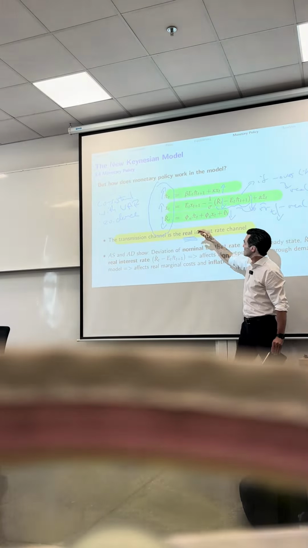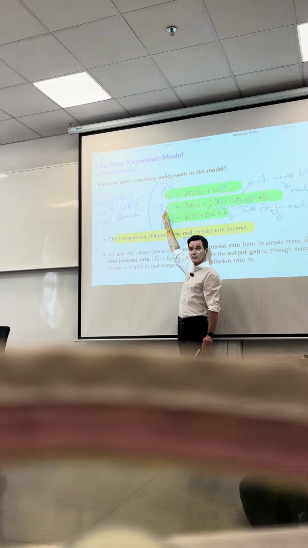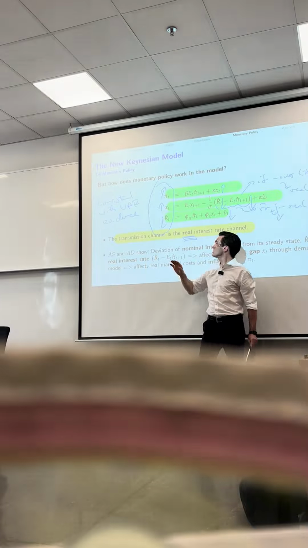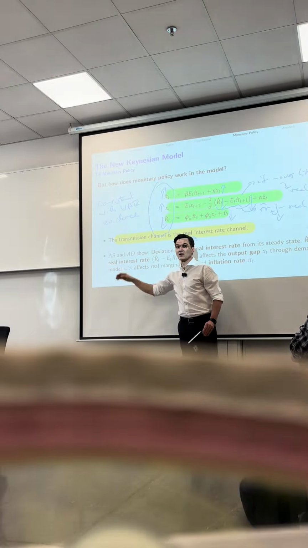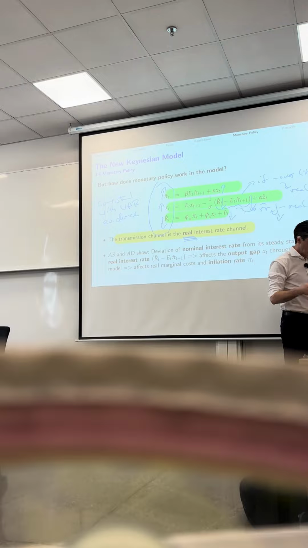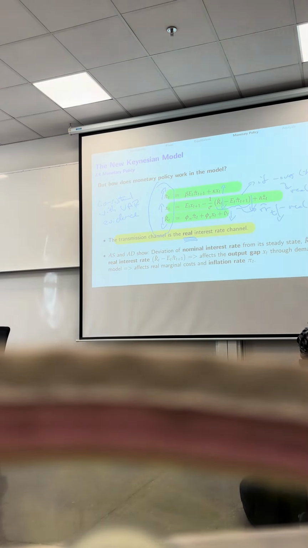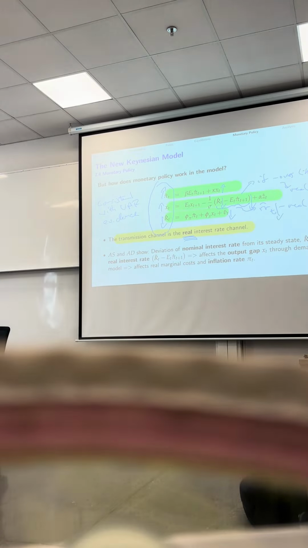That generates a boom when interest rates are cut, and an increase in inflation, consistent with the empirical evidence that we discussed at the beginning. If you understand that part, you understand the mechanics and the intuition of the New Keynesian model.